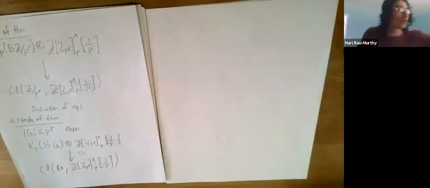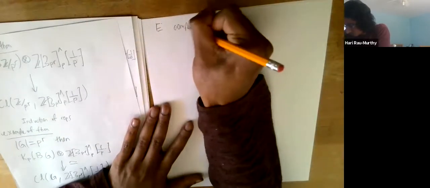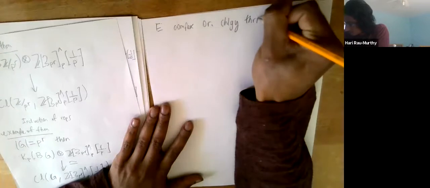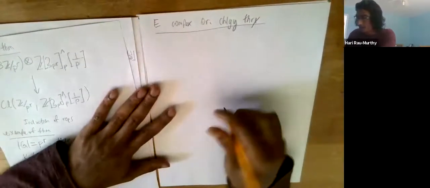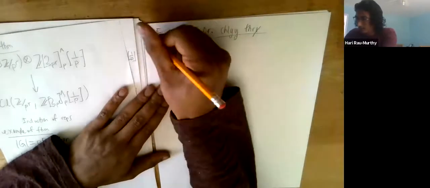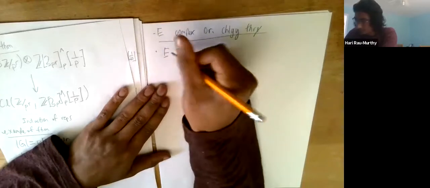Okay, so let's look at higher height cohomology theories. So if I'm looking at a complex-oriented cohomology theory, and I want the assumption that it's p-complete.